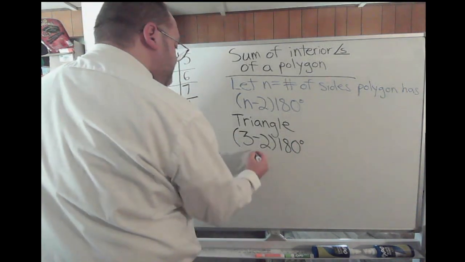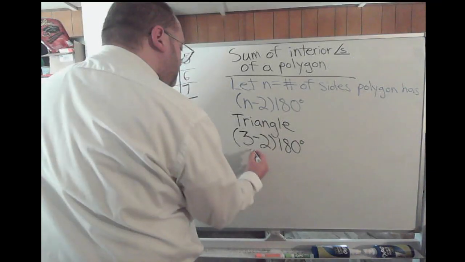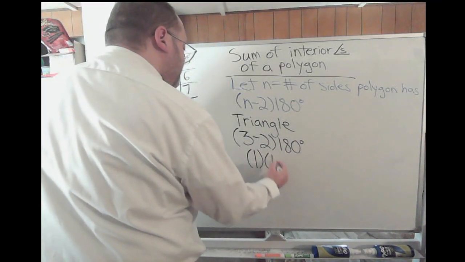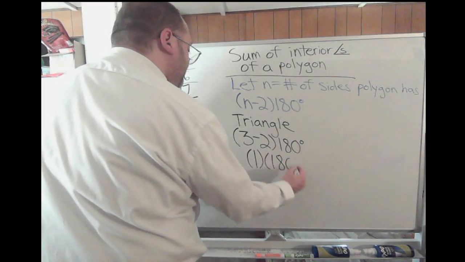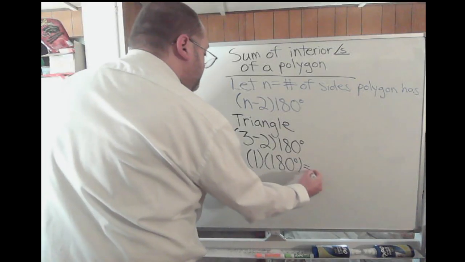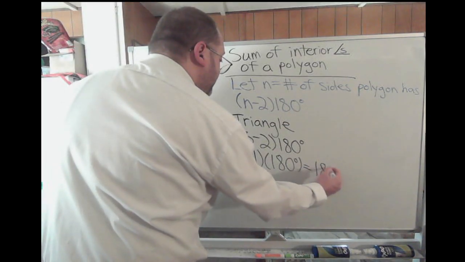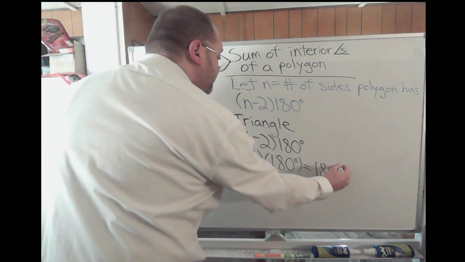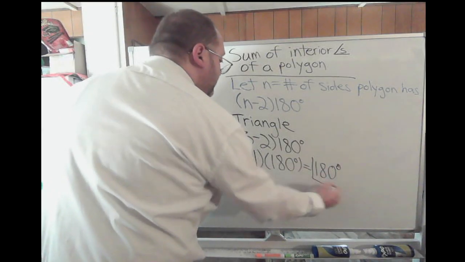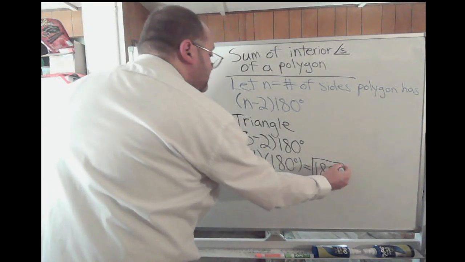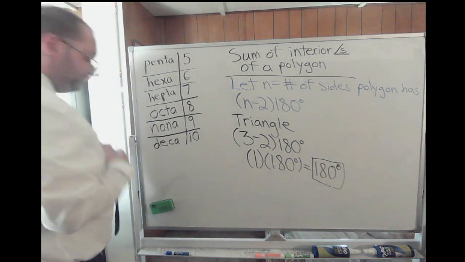Well, 3 minus 2, that's going to be 1 times 180 degrees, which means the sum of the interior angles of a triangle is, in fact, 180 degrees. So we've solved the triangle.